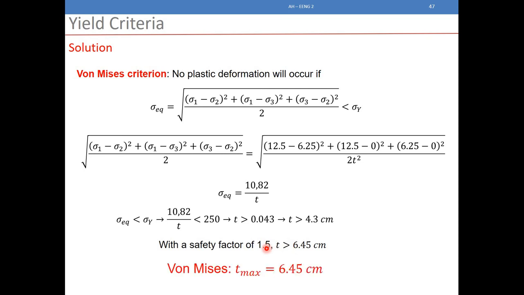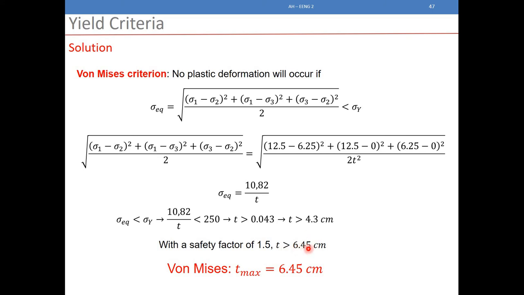So this minimum thickness should be 6.45 centimeters according to Von Mises, while according to Tresca it should be at least 7.5.